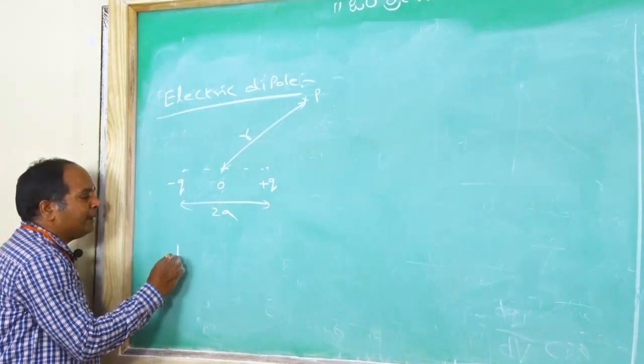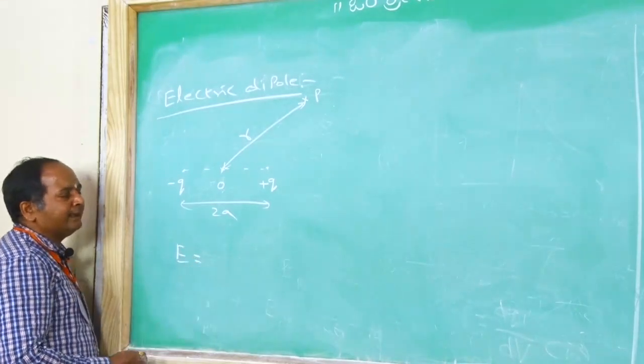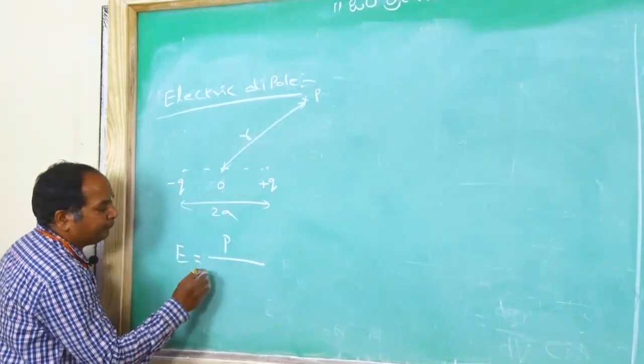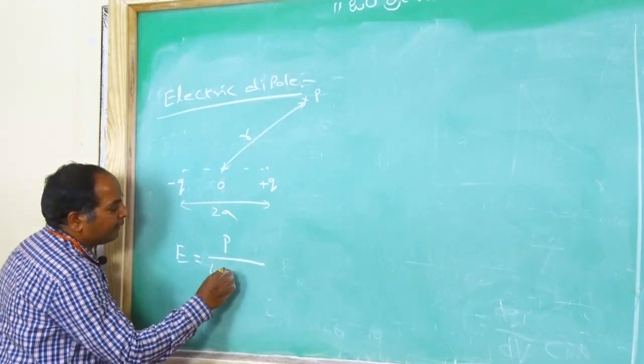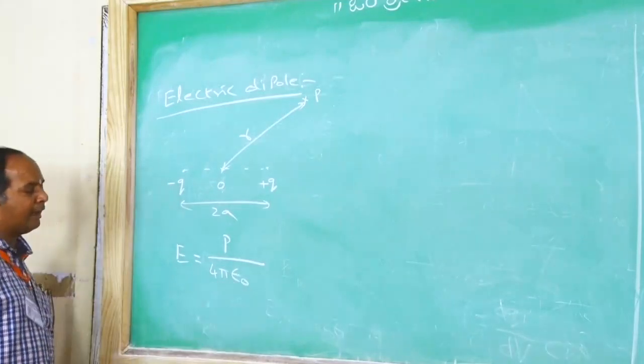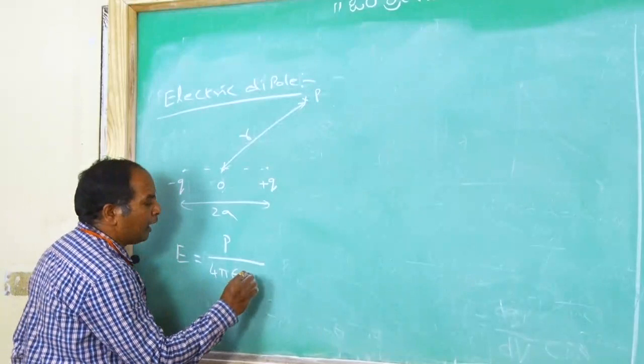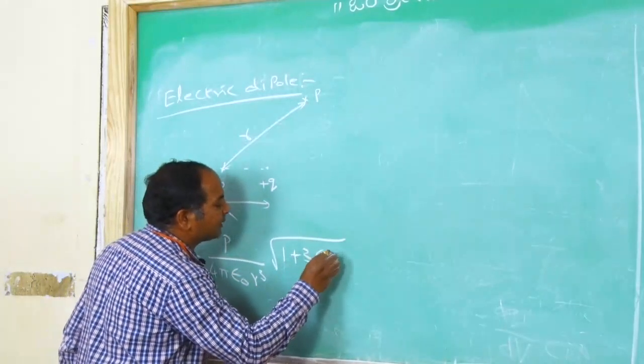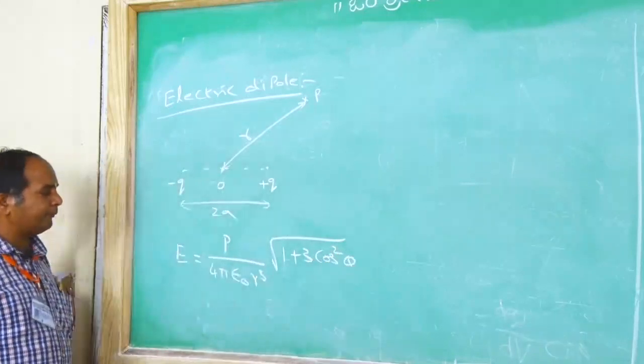Then at that point P, the electric field is given by P divided by 4 pi epsilon naught r cube into root over 1 plus 3 cos square theta.